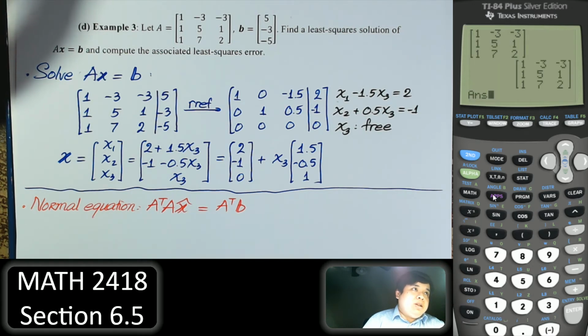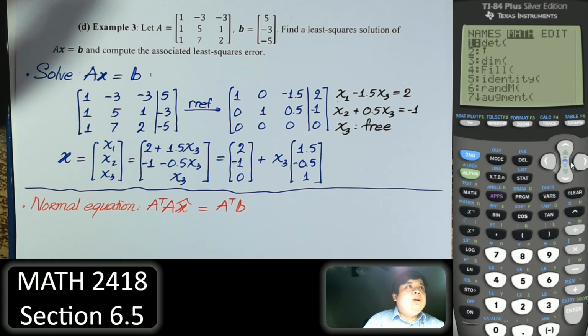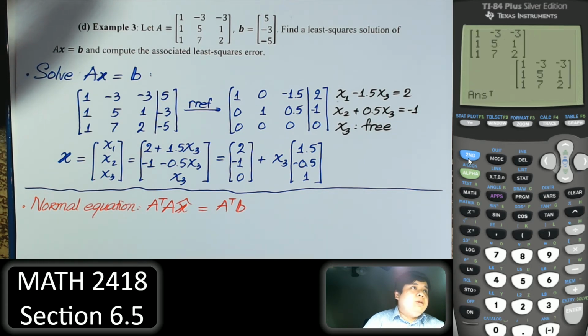So we have the matrix A transpose times the matrix A.